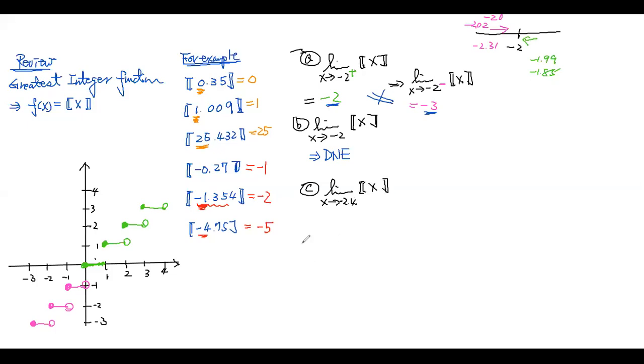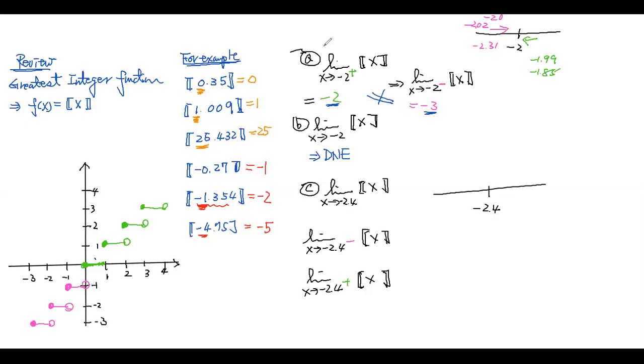As always, I need to do the limit as x approaches negative 2.4 from the left-hand side, and also I need to take a look at the limit as x approaches negative 2.4 from the right-hand side, right? So let's take a look at what happens here. So this is my x, and this is my axis here. Okay, so let's see whether the limit exists or not. So this is negative 2.4.